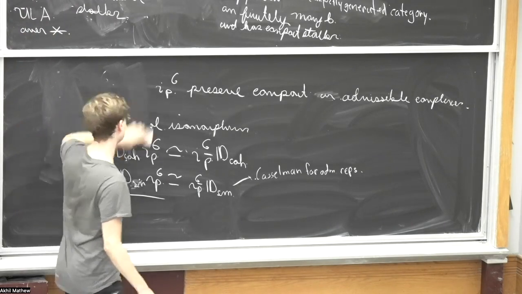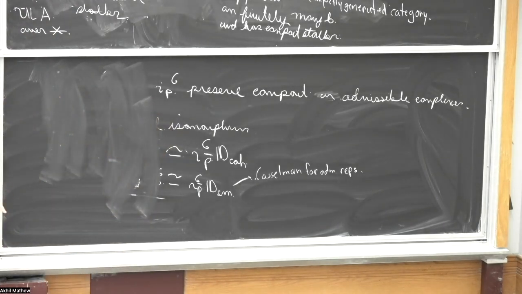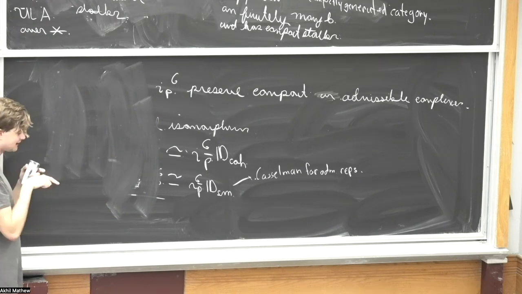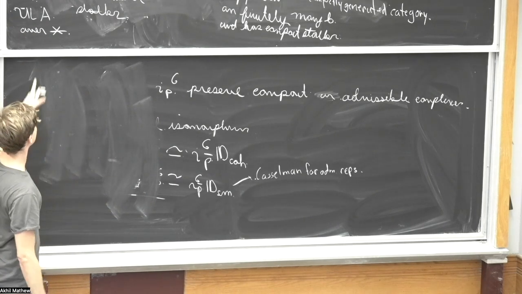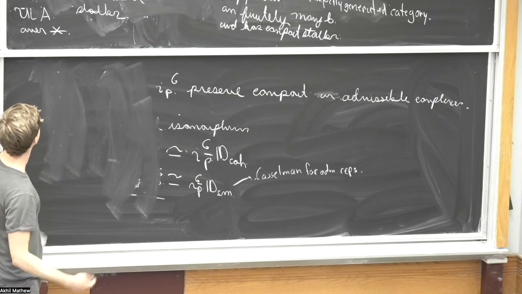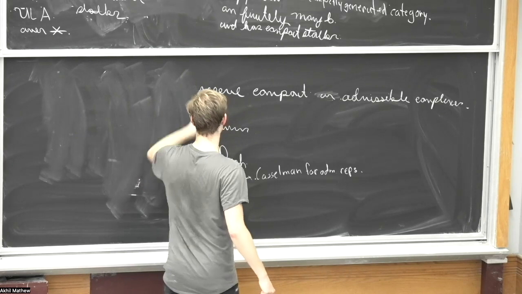This is really bizarre because usually being ULA is some condition about, if I specialize on the target, then the sheaf needs to be constant along the preimages of those specializations. But if the target is just a point, that doesn't really mean anything. So usually it's a completely trivial condition over the point.